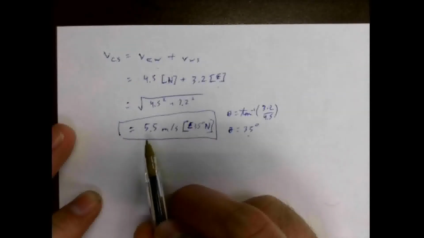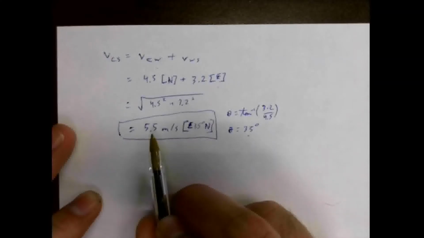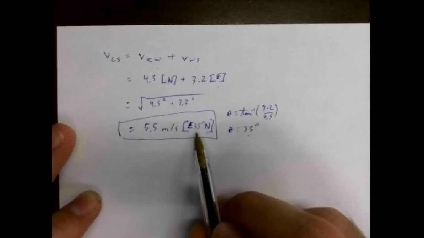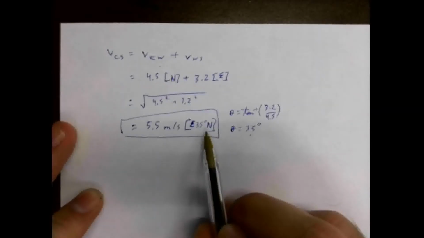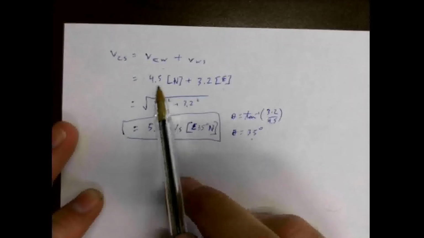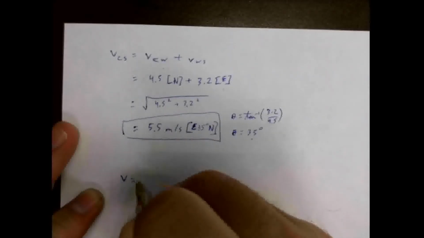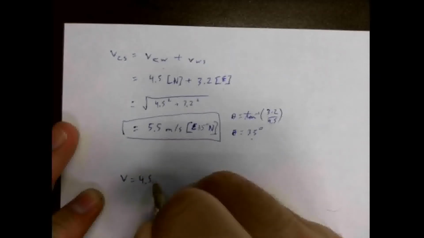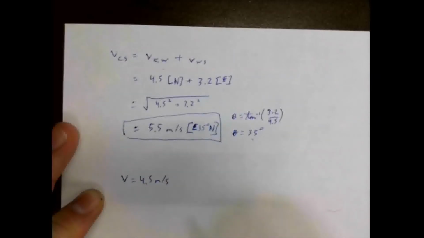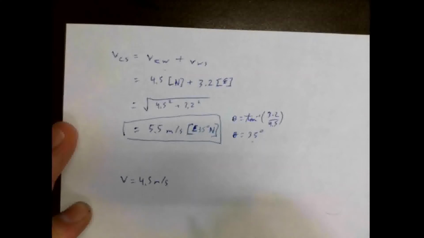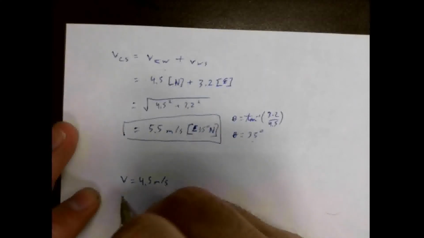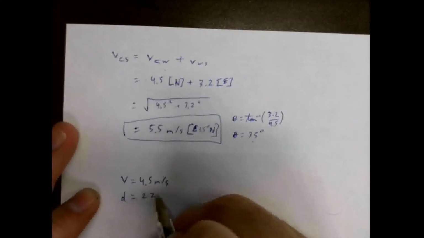You could break this up into the components, which would be 5.5, and then do the sine of 35 degrees to determine the north component, but we know it's going to be 4.5. So our velocity in this case is 4.5 meters per second. And we know our distance to be traveled, which the question said was 220 meters.